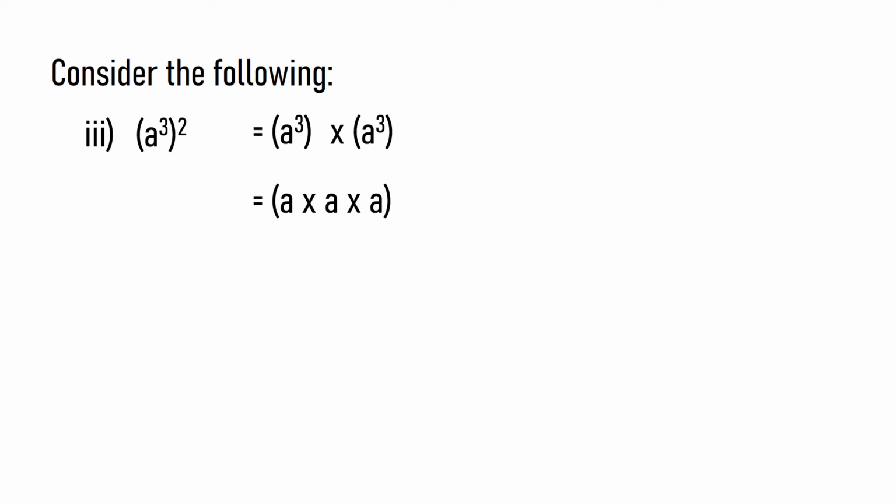Let's consider another case, that is a power 3 raised to power 2. This can be expressed as a power 3 times a power 3. Expanding this, we get a times a times a, then times a times a times a.